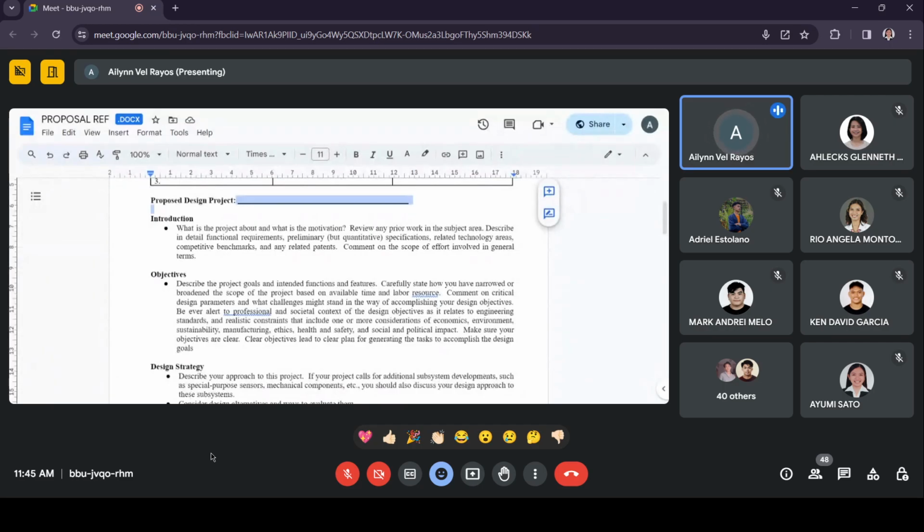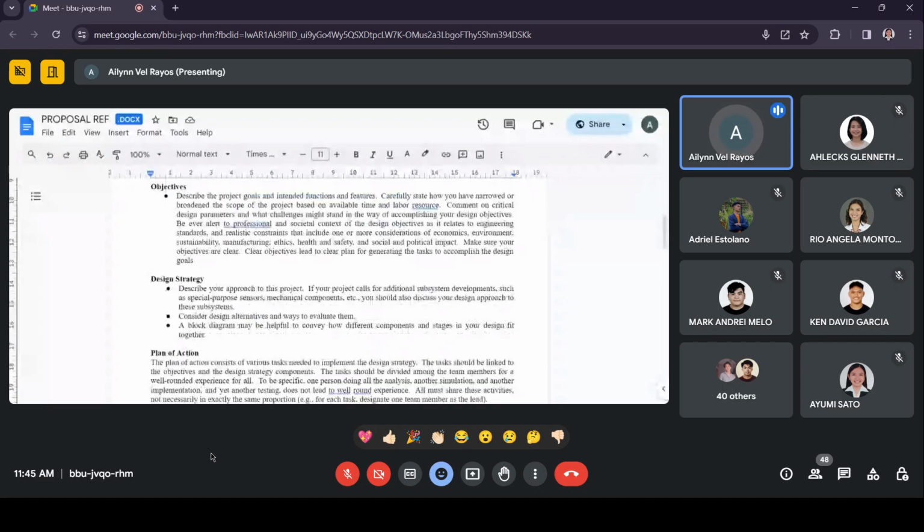So be ever alert to professional and societal context of the design objective as it relates to engineering standards and realistic constraints that include one or more considerations of economics, environment, sustainability, and manufacturing ethics, health and safety, and social and political impact. So you have to also make sure your objectives are clear. So clear objectives lead to clear plan for generating the task to accomplish the design goals.